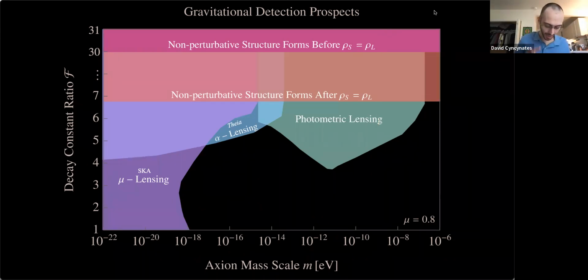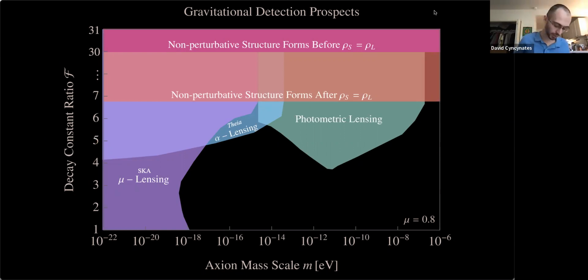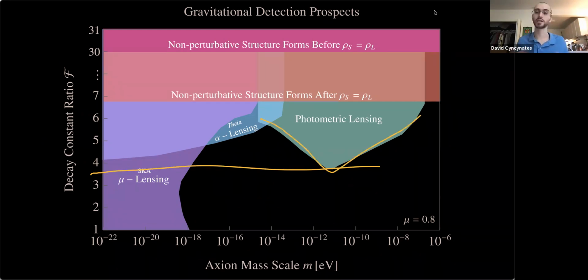The second thing is that the decay constant ratio required to get these interesting signatures is not large. You only need a decay constant ratio of between 3 or 4 to get photometric microlensing signatures of critically lensed stars. So that's the key takeaway here. I can discuss this plot in more detail at the end.